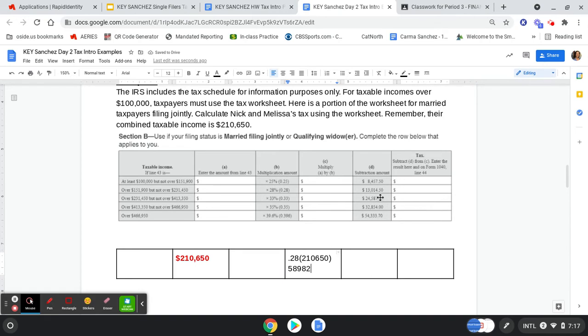And then it wants us to do the subtraction amount of 13,014. And so 58,982 minus 13,014.50 gives us 45,967.